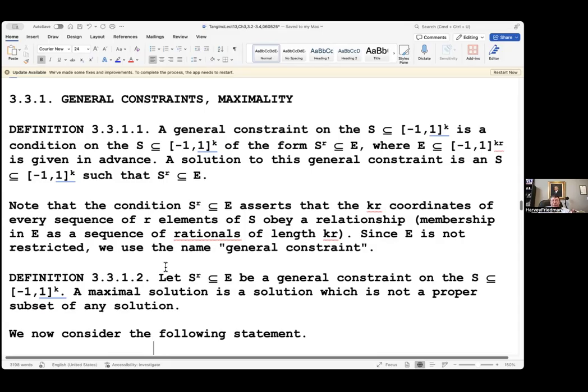A solution to this general constraint is merely an S contained in [-1,1]^k, such that S^r is contained in E. Now, this is, I think, a rather friendly, clear idea using the language of constraints so that it's quite memorable.